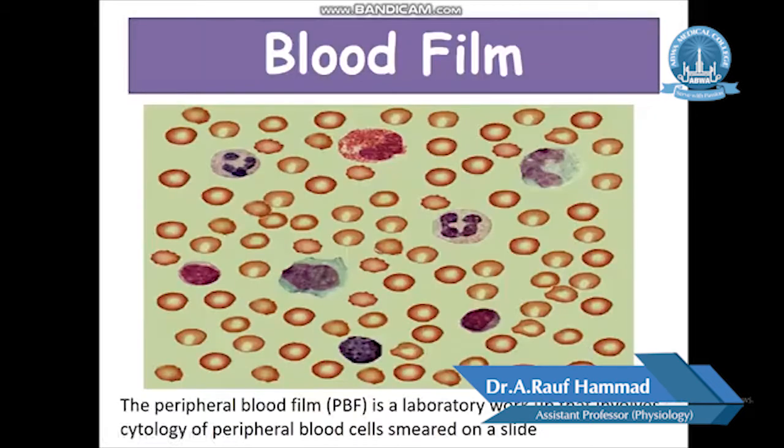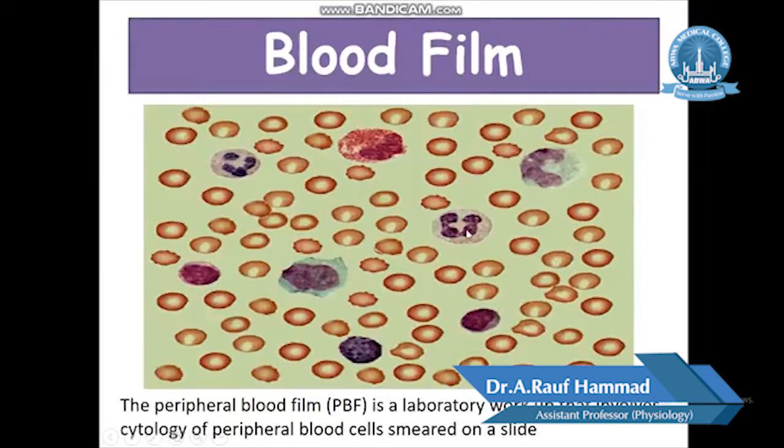Blood film, it is a peripheral blood film made in the laboratory. When we perform the practical of blood film, a drop of blood is taken on the slide, spread out and stained with some stain. It looks like this. These are the numerous red colors.